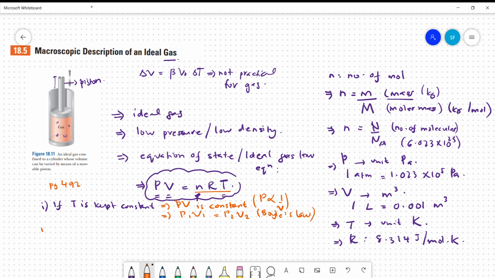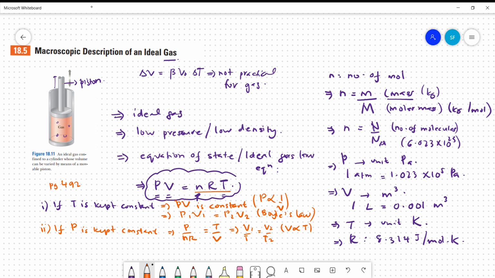Next, if P is kept constant, what happens? In the ideal gas law, P is kept constant and R is constant. Rearranging the equation, P over nR is constant, so we have T over V, or V over T, which is constant. Here we have V1 over T1 equals V2 over T2. When P is kept constant, V is directly proportional to the temperature.